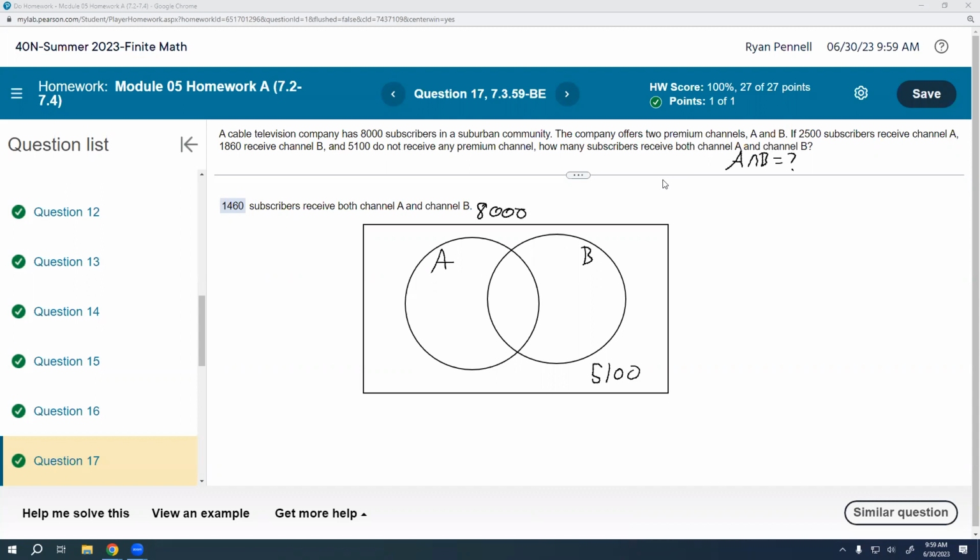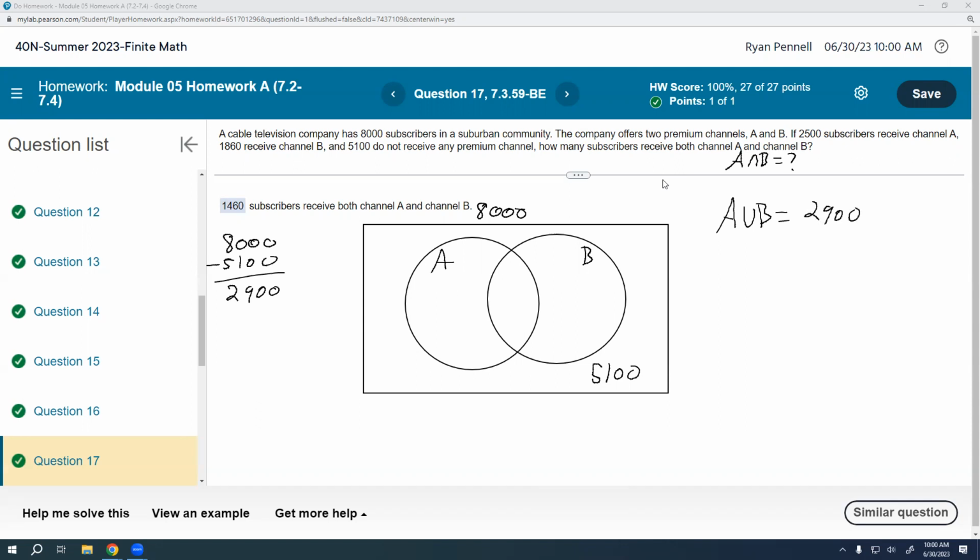So how many does that leave to be in A or B? That would be 8,000 minus 5,100, which is 2,900. So that means we've shown A or B is 2,900.